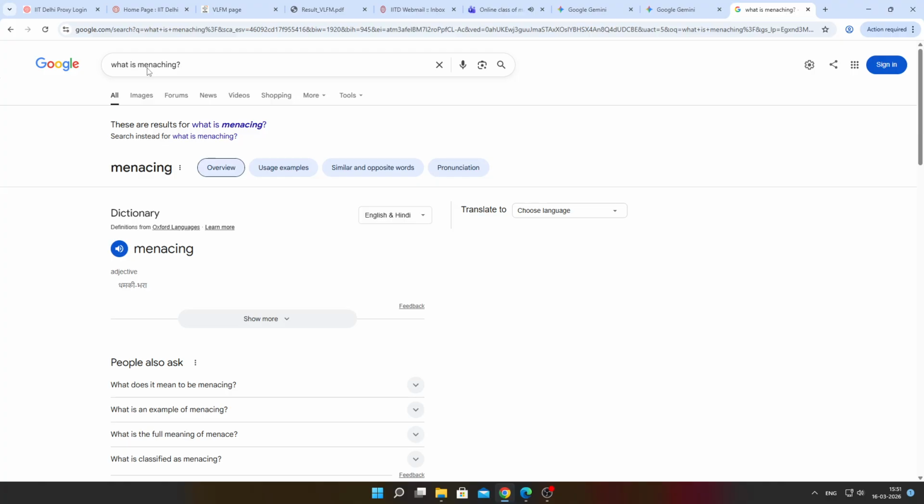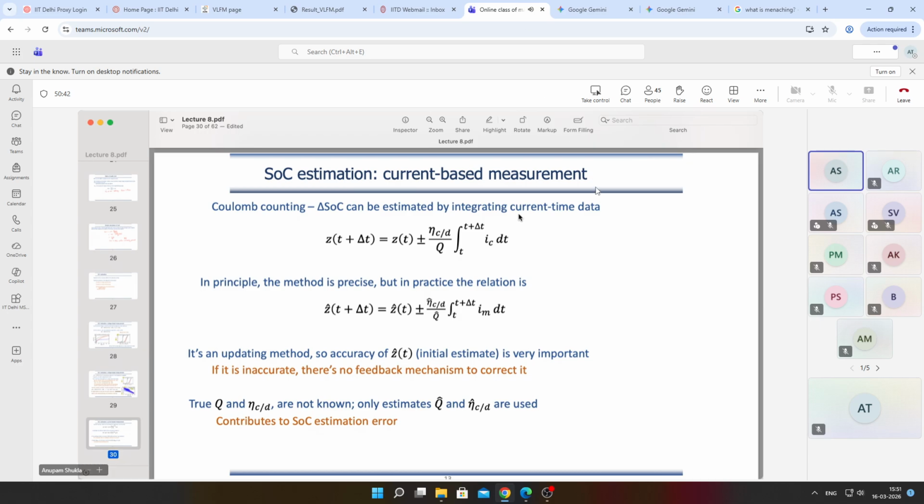If I know SOC at some instant of time, which I call time t equal to 0, I don't know how I'm going to get the SOC at time t equal to 0. But if I know SOC at time t equal to 0, and I am required to calculate what is SOC at time t equal to delta t, then all that I have to do is to keep measuring the current between time t equal to 0 up to time t equal to delta t.